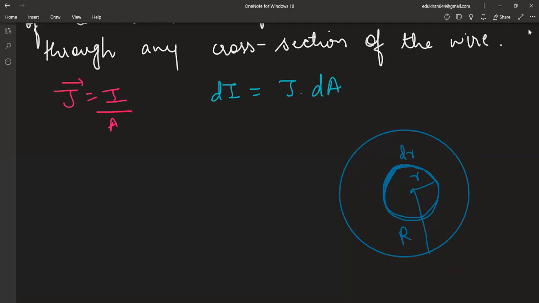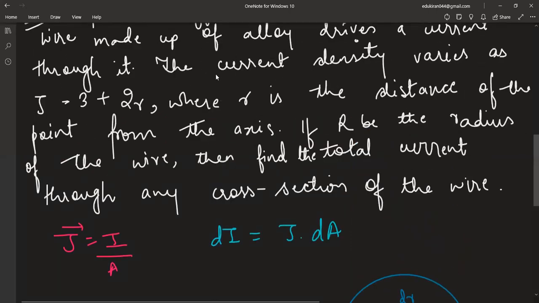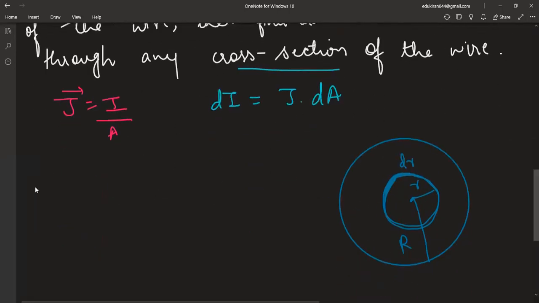We know what all things are given. Current density is mentioned in the question. Cross section of the area means area is also involved, so this formula should automatically come into your mind. Area is involved, current density is involved, current is asked. So this is unknown, these two are given, but the question is not very simple. We have to perform certain calculations.